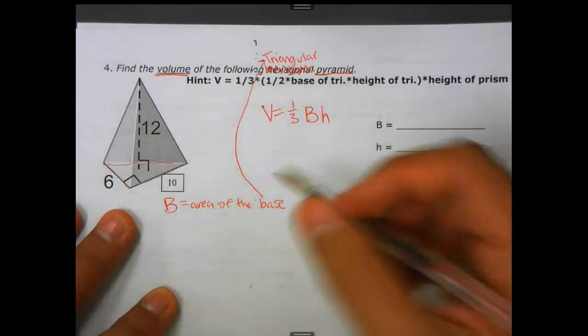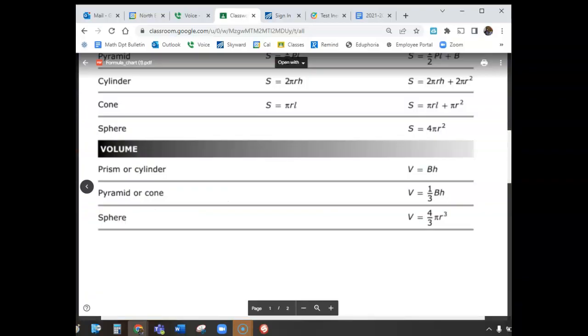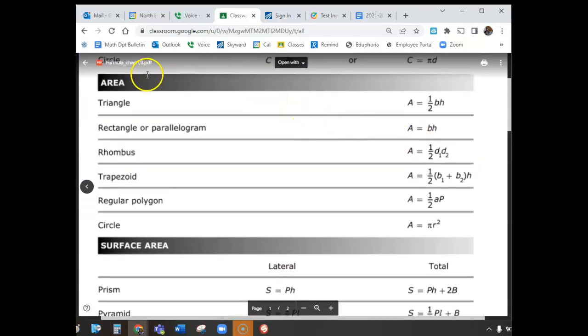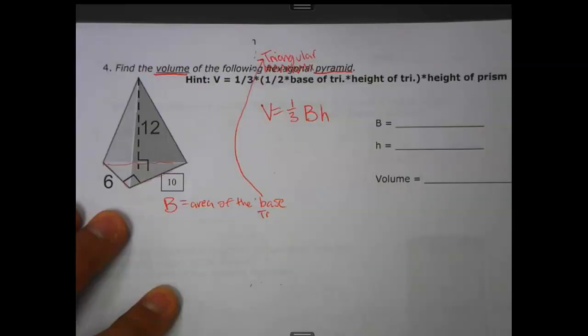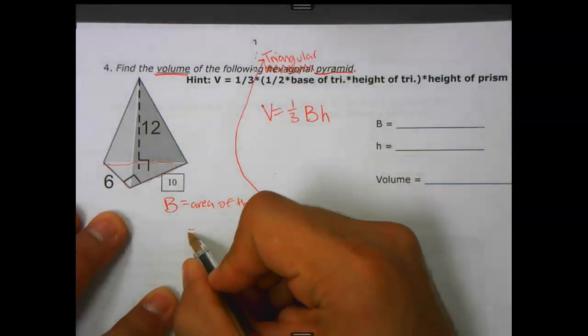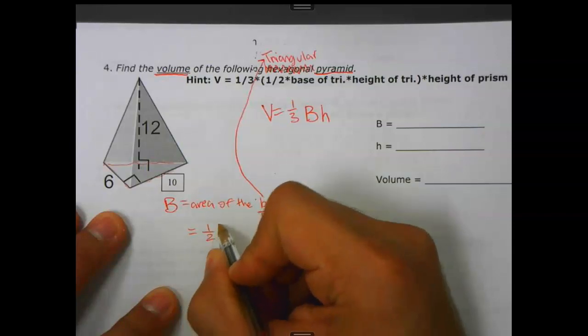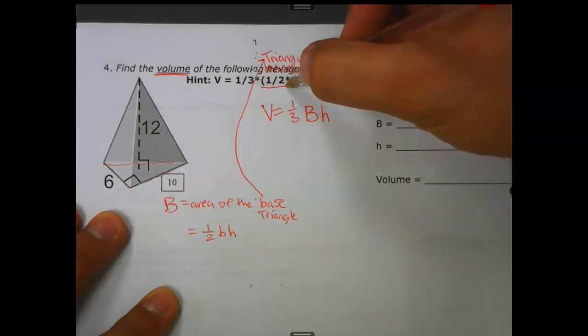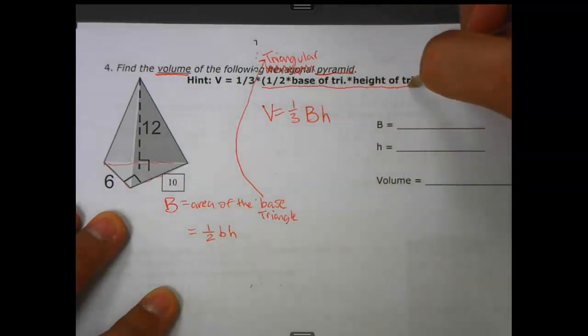So that being said, how do I find the area of the base of a triangle? Well, let's look at our formula chart again. Area of a triangle is 1/2 little bh. Now that's what it's telling us to do right here. 1/2 base of the triangle, height of the triangle.